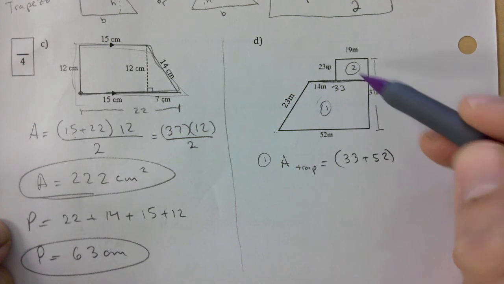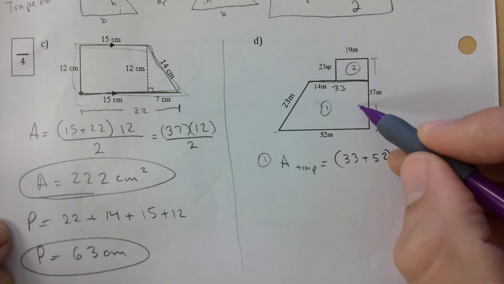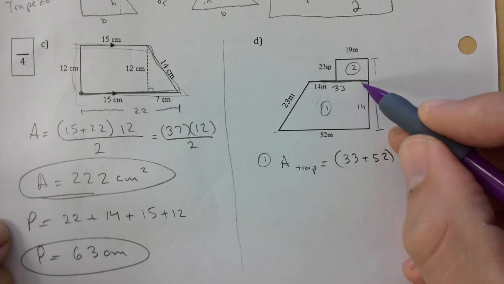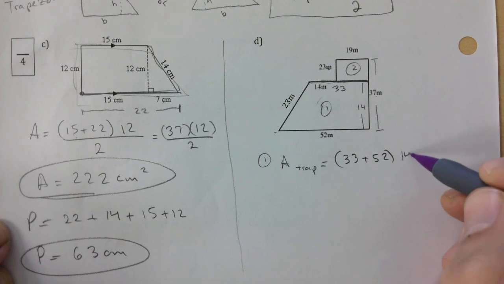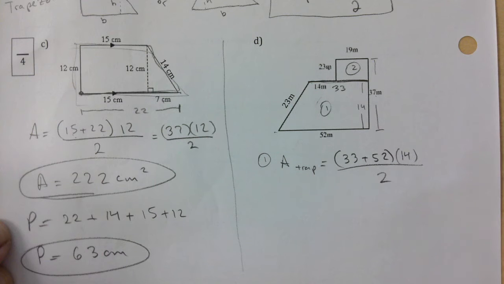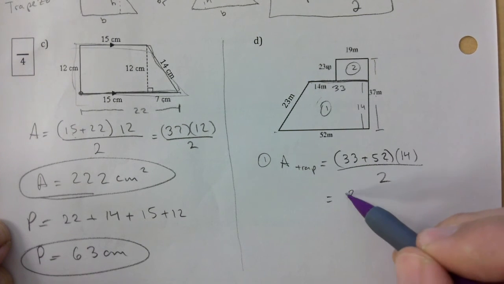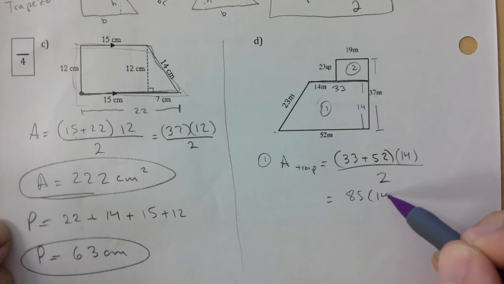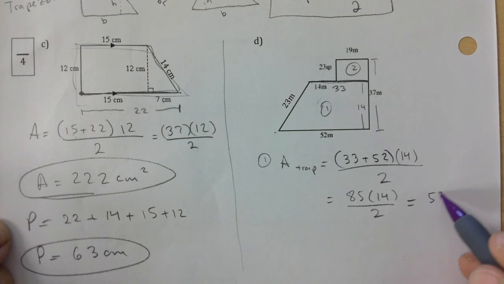So 37 minus 23 is 14. That's what this is. And that is the height of the trapezoid. This is 585 times 14 divided by 2. That's 595.